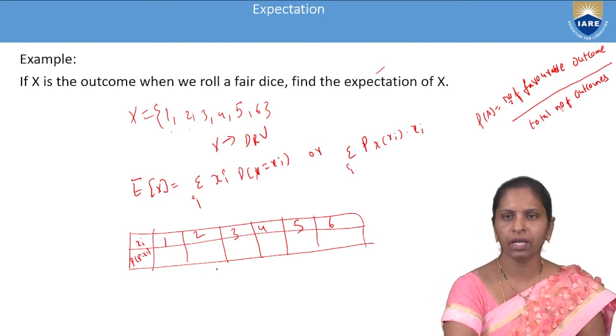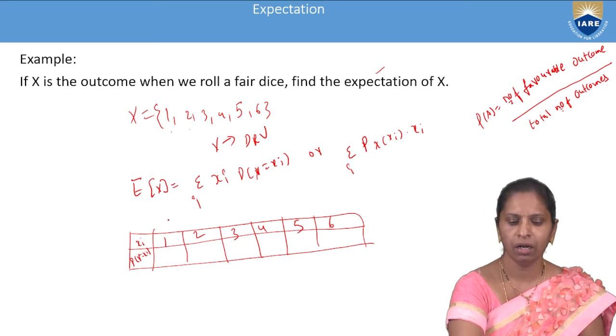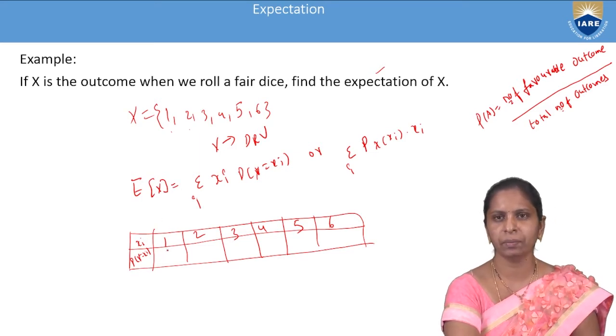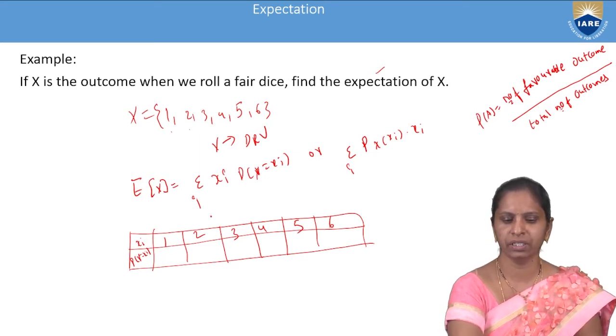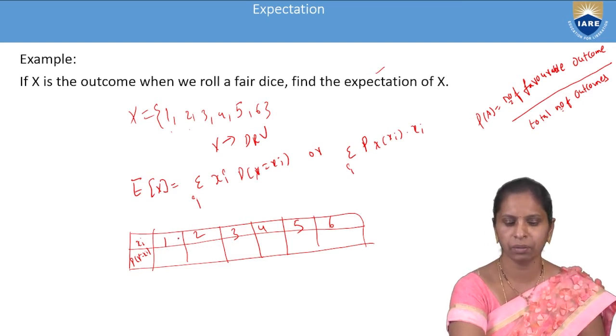Now, what do I have to calculate here? The probability of getting a number 1 on the die. In total there are 6 possibilities, and out of that my favorable outcome is only 1. So the probability of getting 1 when rolling a fair dice is 1 by 6.